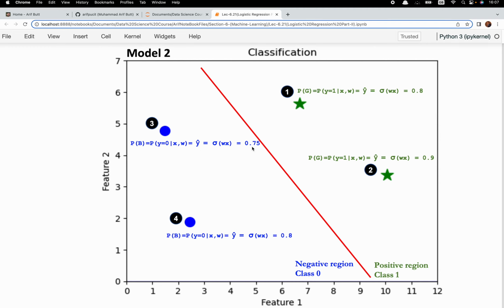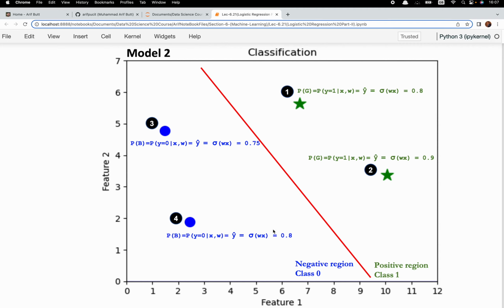I have just written it. This means the model predicts that there is a 75% chance that this data point 3 belongs to class 0. Similarly, if you consider this data point 4 and somehow we get a y hat or probability of 0.8, this means that the model predicts that there is an 80% chance that this data point belongs to class 0.